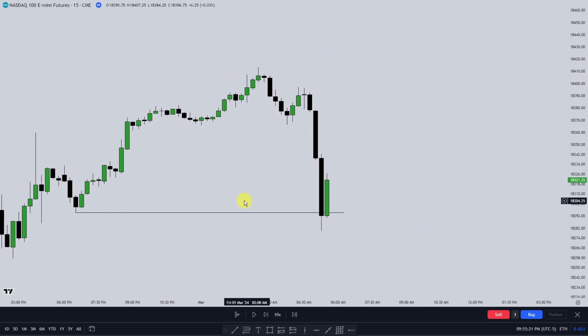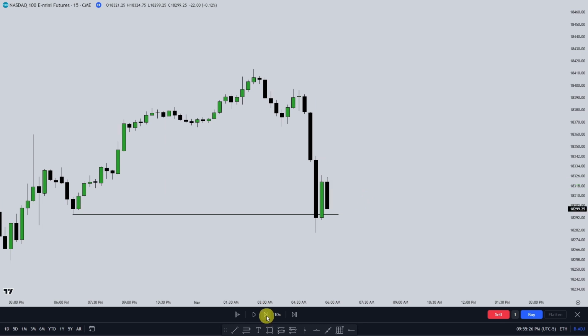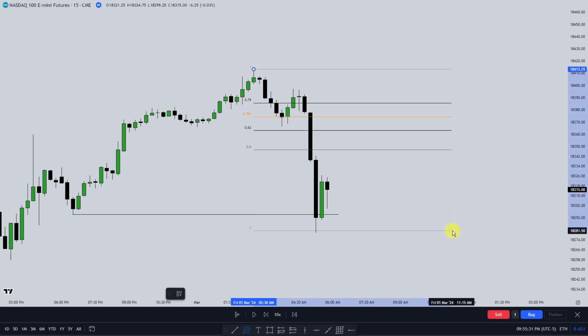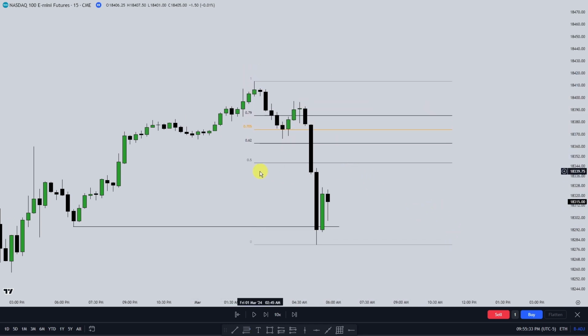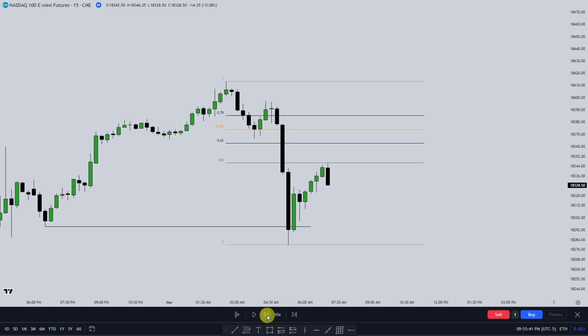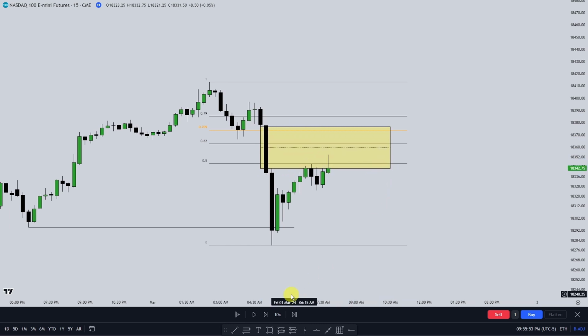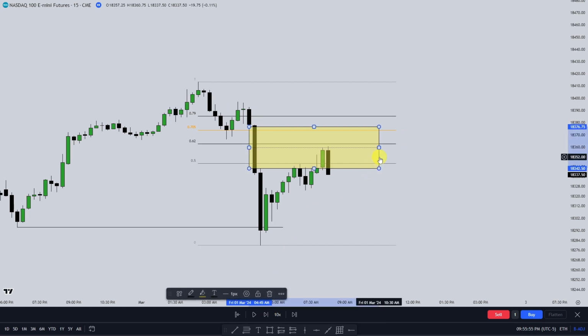So since this was a liquidity sweep, we can expect a retracement higher to at least the 50% or equilibrium of the range. Which it does right there. And to the premium. I will do a video on this eventually, but it does retrace back to equilibrium and this fair value gap. Alright.